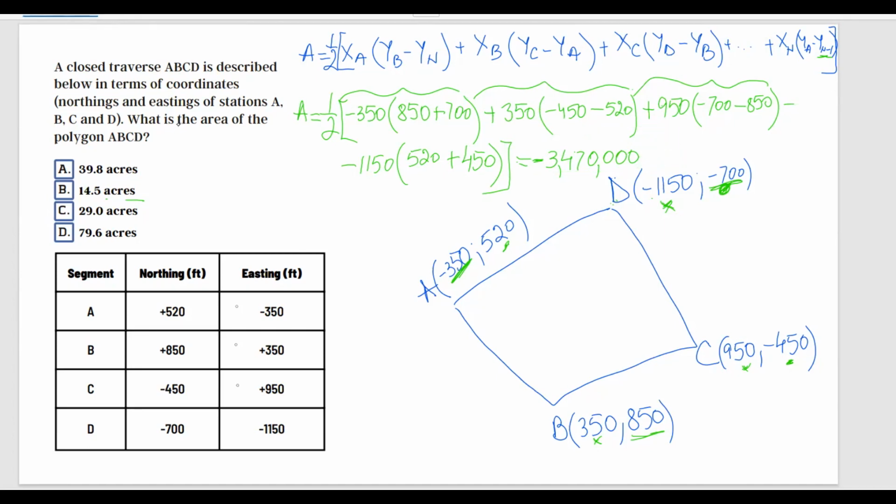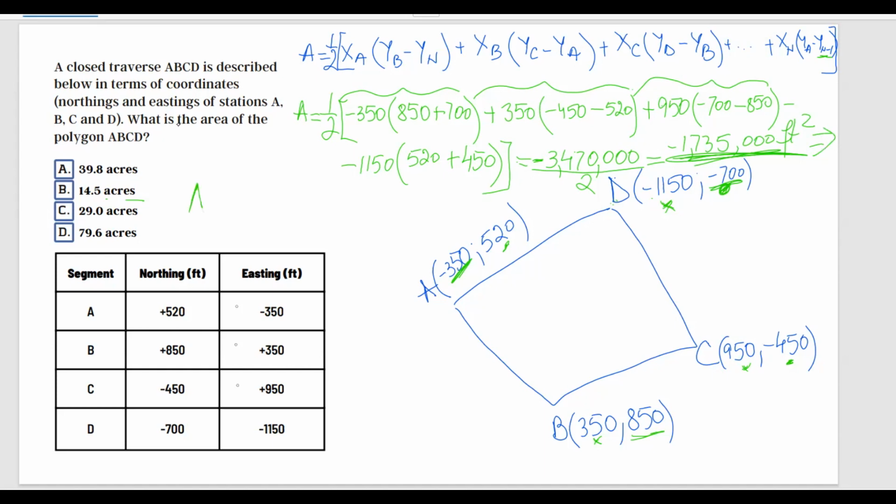But first, I'm going to divide it by 2. So the area of this polygon is actually, I'm going to keep the negative, I guess, 1,735,000 square feet. Okay, so this is the area of this polygon in square feet.